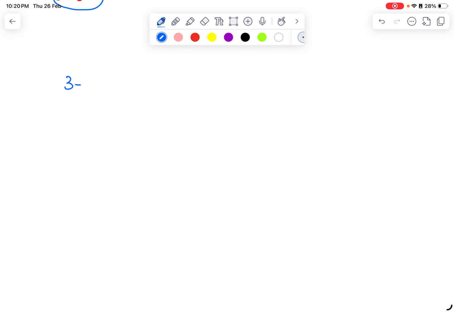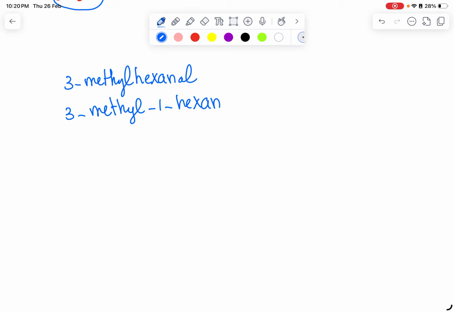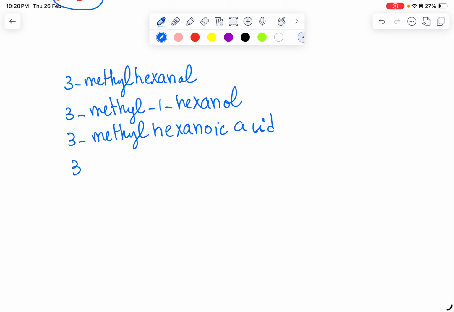Let's say 3-methylhexanal, or 3-methyl-1-hexanol, or 3-methylhexanoic acid, or let's say 3-methyl-2-hexanone.